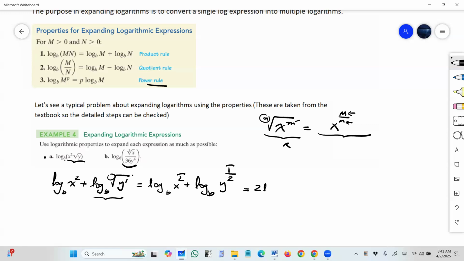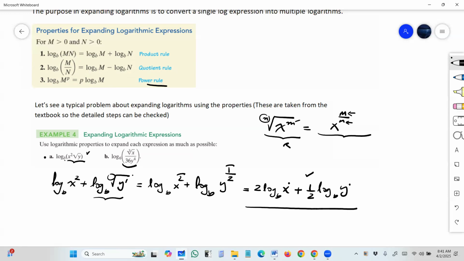So this is going to be 2 log base b of x plus, and the 1/2 likewise goes to the front of the log base b of y. And this is my final answer. I started out with a single log expression, and I ended up with two. My final log expression cannot have any exponent other than 1 on those variables.